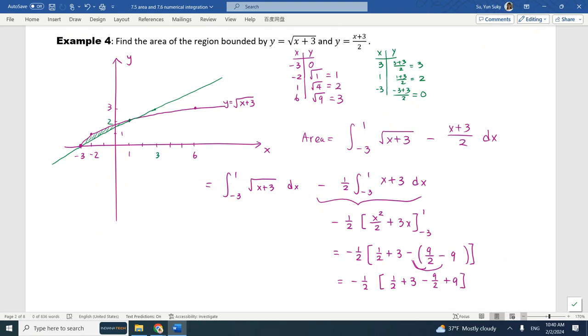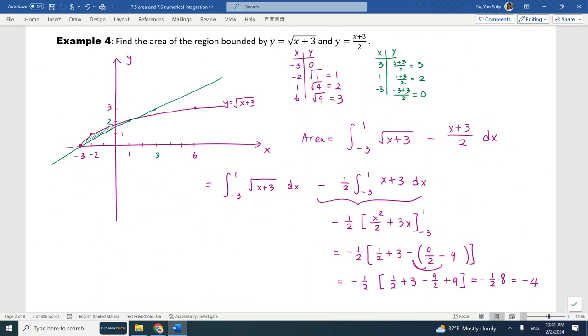What is 1/2 minus 9/2? -8/2, which is -4. Right, everybody? What is 3 plus 9? 12, minus 4 is 8. So we get -1/2 times 8, which is -4. Yes, so this part is -4.